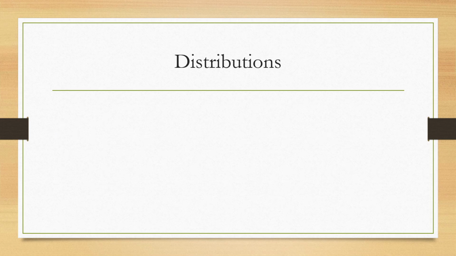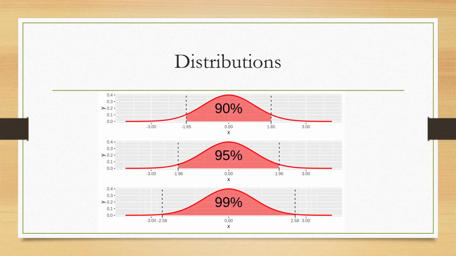Now here we'll show three normal distributions. One with 90% of the area under the curve shaded, one with 95% shaded, and one with 99% shaded. You can see here that there are two cutoffs, one at negative 1.645 and one at positive 1.645, that indicate the edges of the shaded region if I want the middle 90% to be shaded.